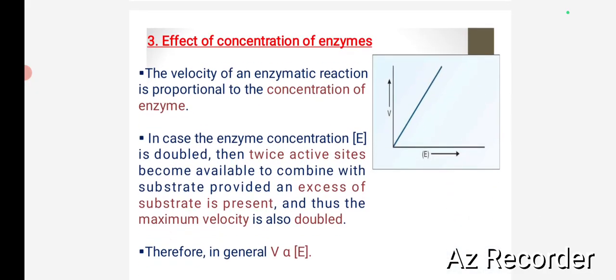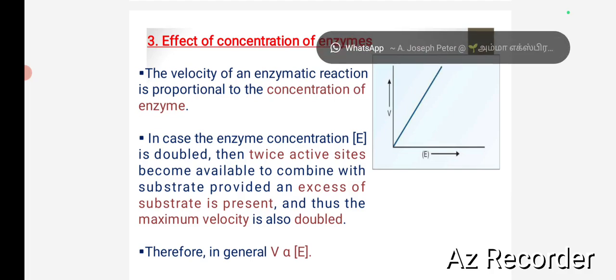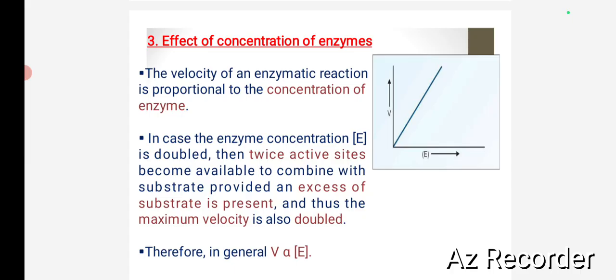Third one, effect of concentration of enzymes. The velocity of an enzyme reaction is proportional to the concentration of enzyme. If the enzyme concentration E is doubled, then twice as many active sites become available to combine with substrate, provided an excess of substrate is present, and thus the maximum velocity is also doubled.